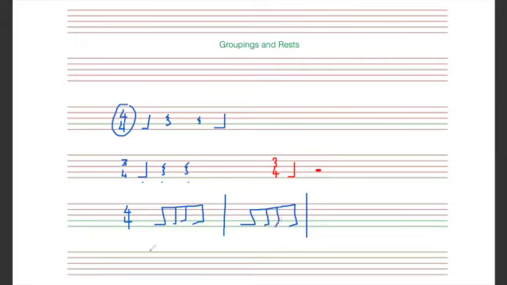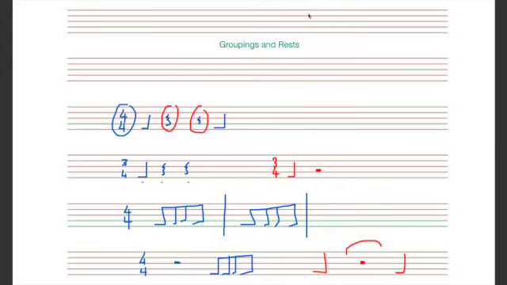So if we have half of the bar that's empty, we may use a minim rest. But if it's in the middle of a bar, we must write them out like this. So we cannot have a crotchet, then a minim rest, then another crotchet, because that's 2 beats in the middle of the bar, and that would be incorrect.